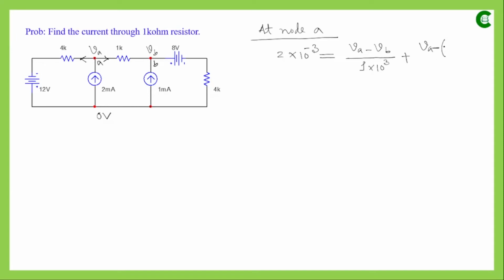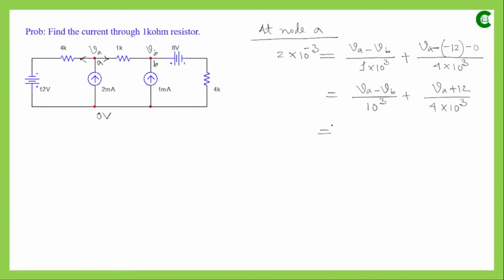So it will be VA minus of minus 12, and the potential of this point is 0, divided by the resistance value, which is 4 kilo ohm, so 4 into 10 to the power 3. So it will be VA minus VB divided by 10 to the power 3, plus VA plus 12 divided by 4 into 10 to the power 3.